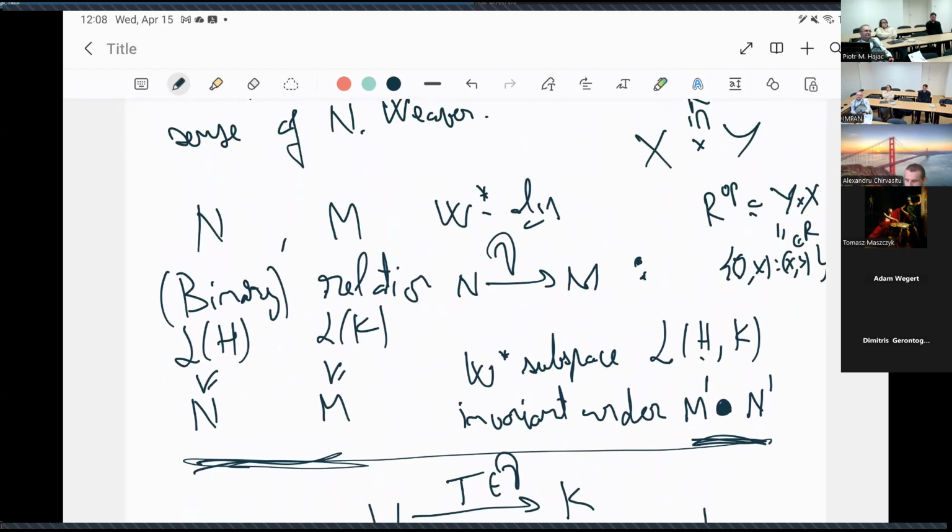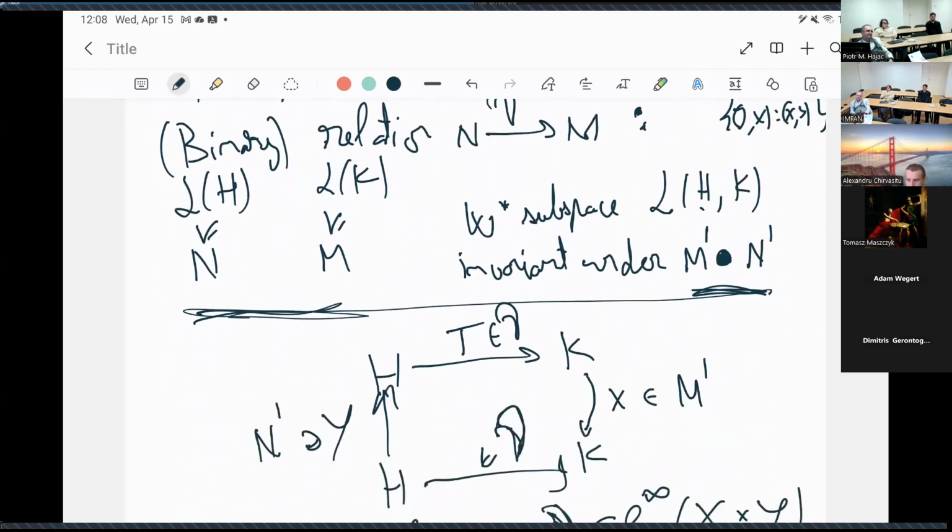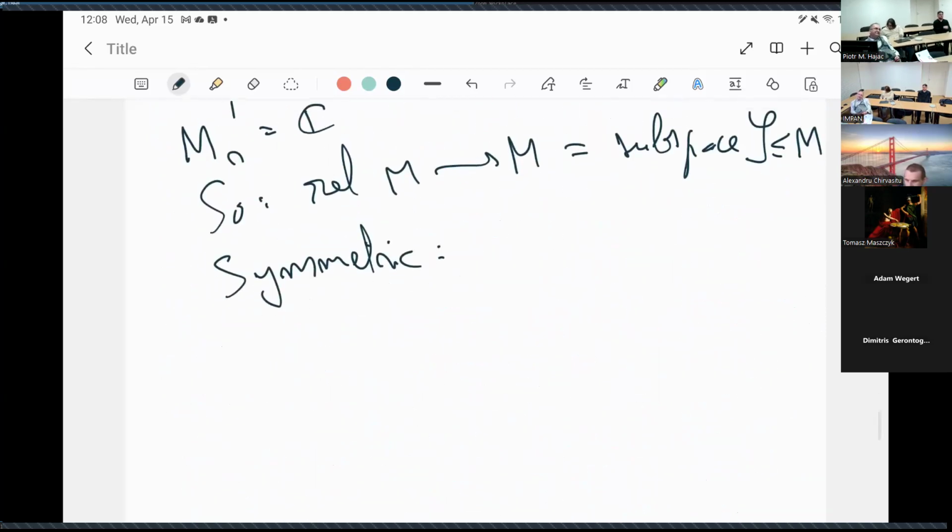It should be something going from K to H. Now, there's a natural thing you can do if you want to take operators from H to K and turn them into operators from K to H. You have operators on Hilbert spaces, you take adjoints, right? So that is what symmetry is.